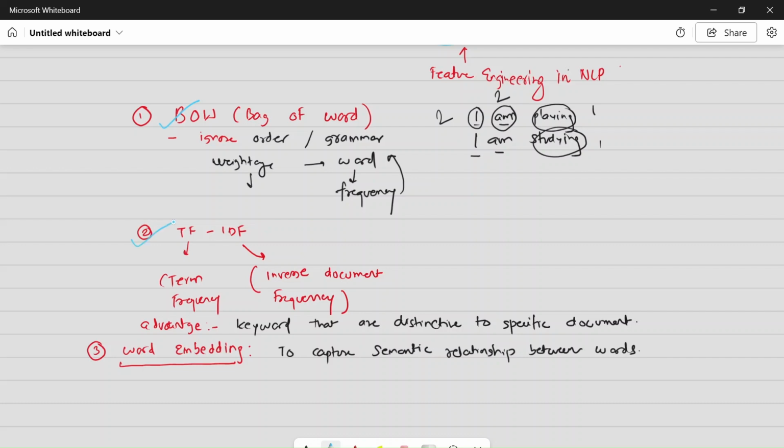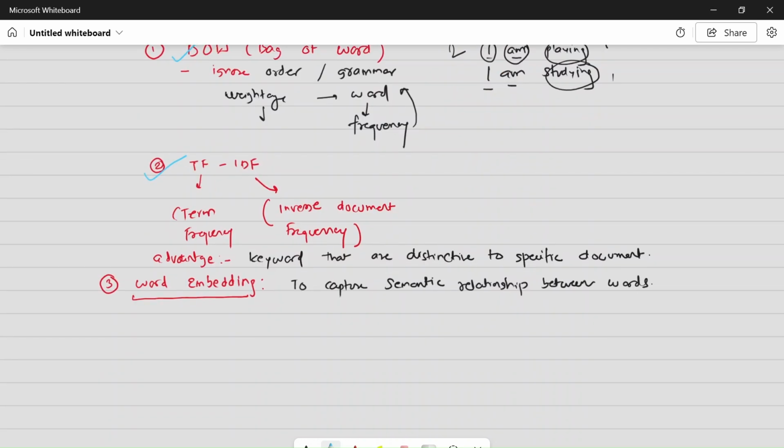The second is the TF-IDF, which is again built upon the bag of words, but the advantage is that you are also calculating the frequency based on how many times that word appears across the documents. Don't worry, I will explain the formula as well so that it will give more understanding of how it is calculated. And the third is the word embedding.